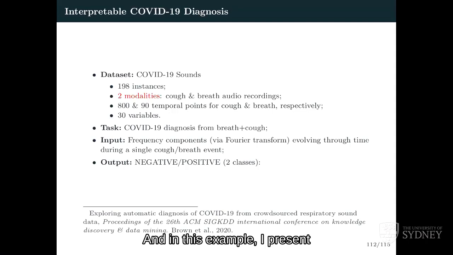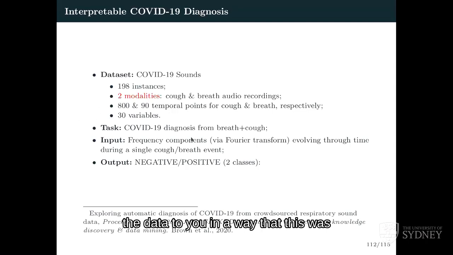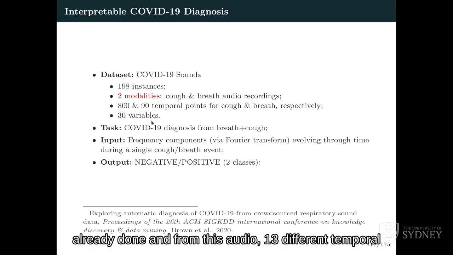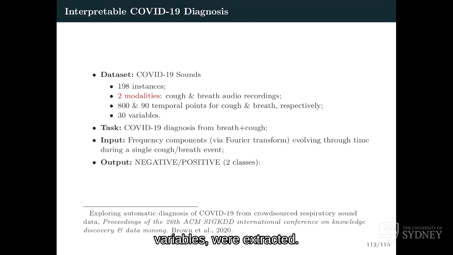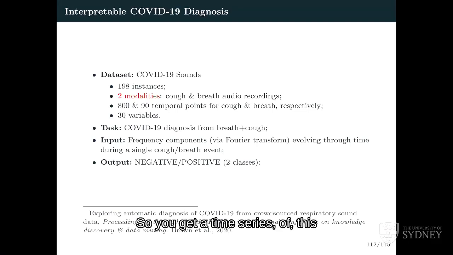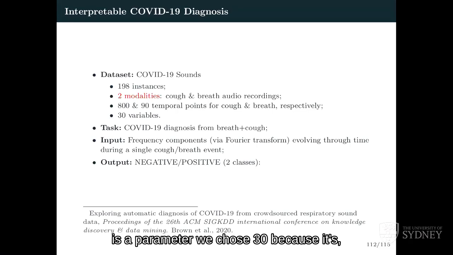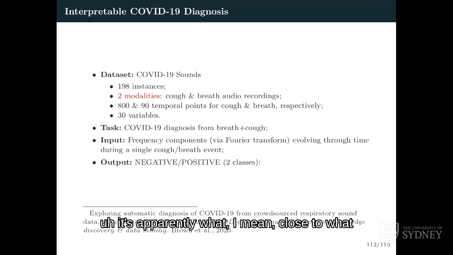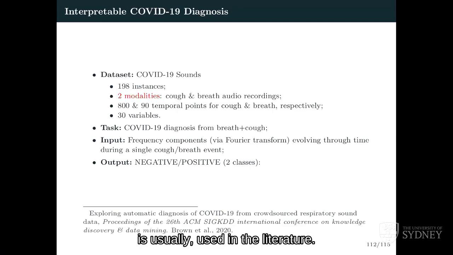And in this example, I present the data to you in a way that this was already done. And from this audio, 13 different temporal variables were extracted. So you get a time series of, this is a parameter, we chose 30 because it's apparently close to what is usually used in the literature.